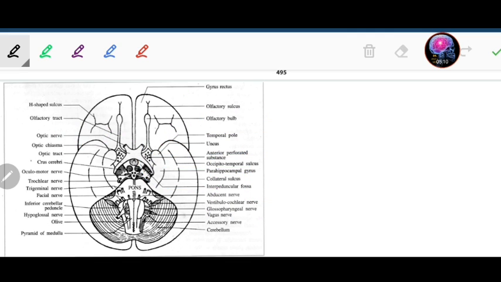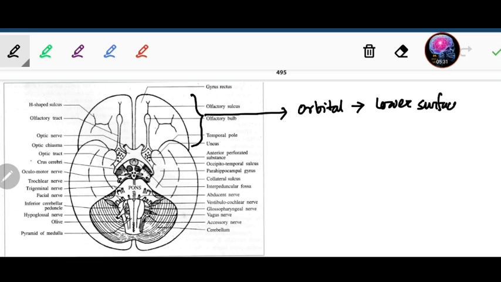Now coming to the orbital surface. The orbital surface is slightly concave and formed by the lower surface of the frontal lobe. An olfactory sulcus extends anteroposteriorly.